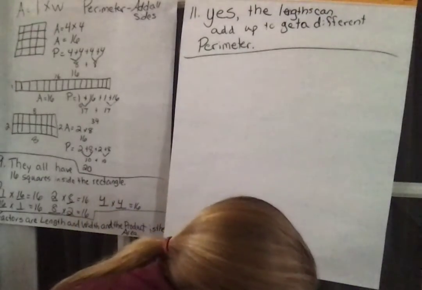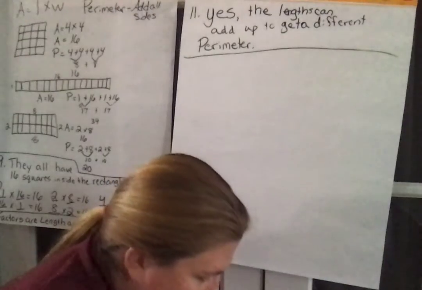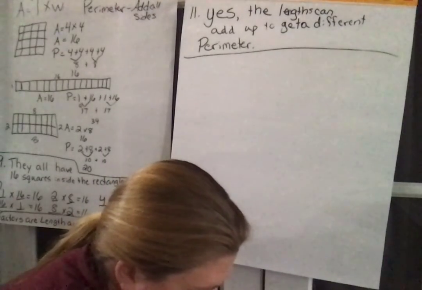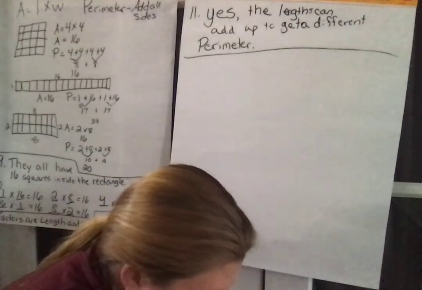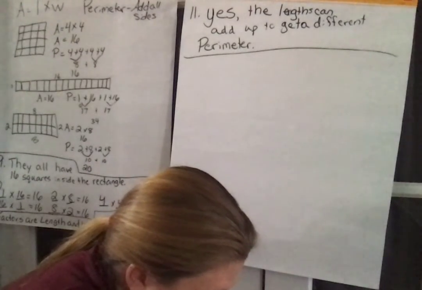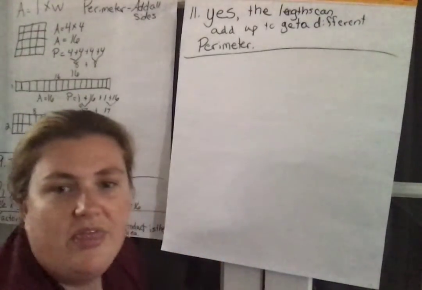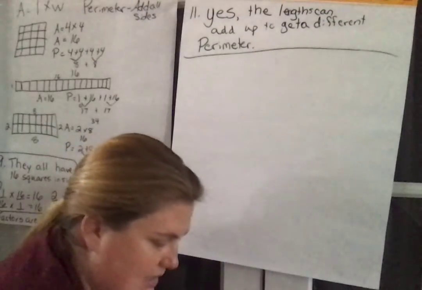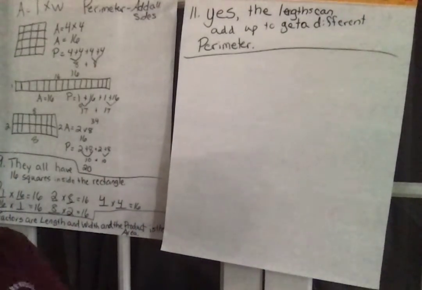All right, 12 and 13, I'm going to let you work those. So it says, use what you just learned about area and perimeter to solve the problems. Look at the rectangle below. Draw a rectangle that has the same area but different side lengths. So first you've got to figure out what that particular rectangle has. What would your area be? You can count your squares or do length times width.